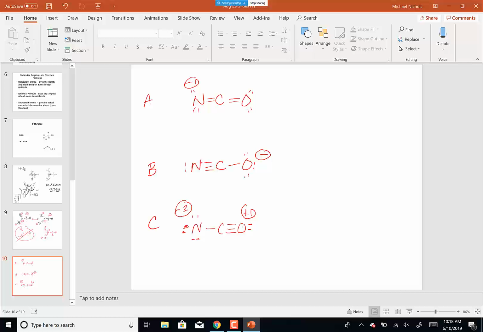I know we haven't gone through the rules yet, so if you have to guess, what does your gut tell you? One of these is less stable than the other 2. Which one do you think it is? A, B, or C? It's okay if you're wrong, because this is just a gut instinct.